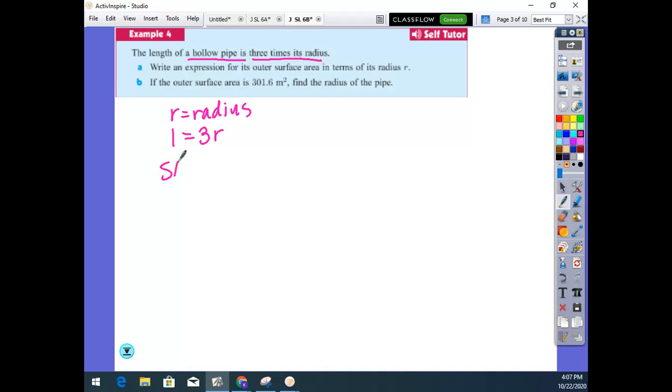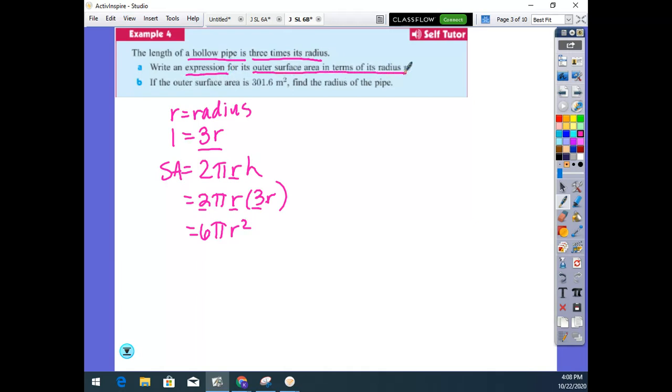So I'm going to use my surface area formula of 2 pi r h. So I keep my r, and because the height is 3r, I'm going to multiply r times h. So how does this all simplify? Multiply the coefficients. 6 pi r times r is r squared. So that's the expression for the outer surface area in terms of the radius.